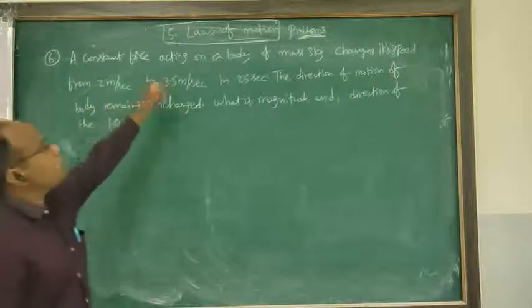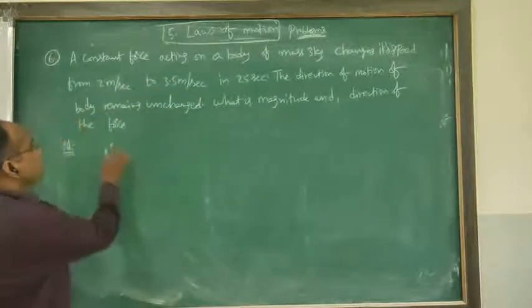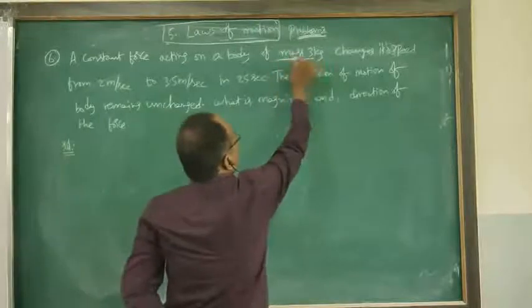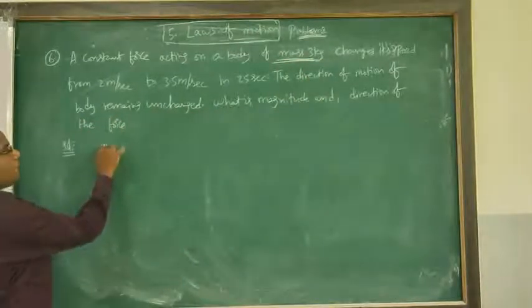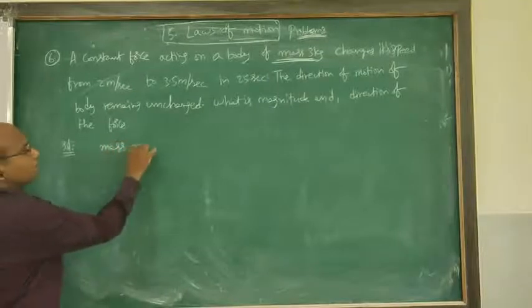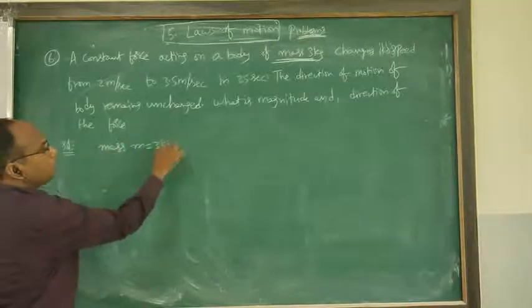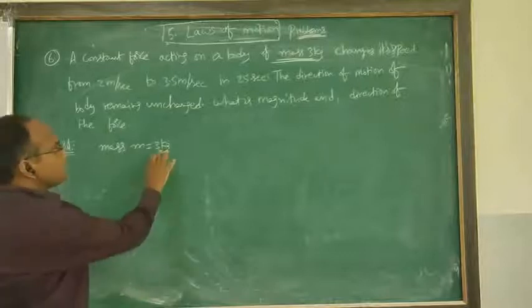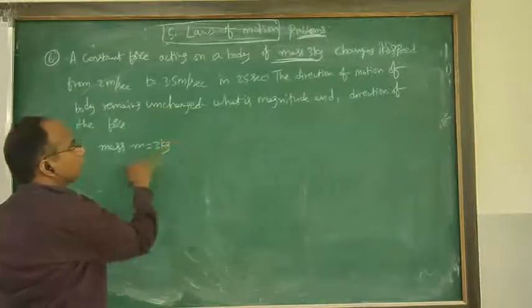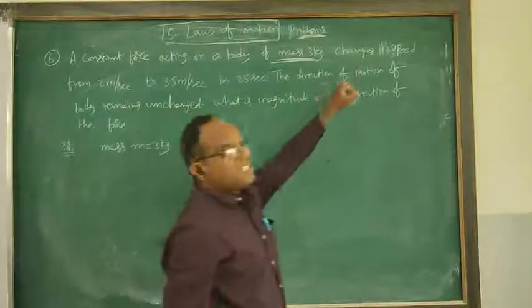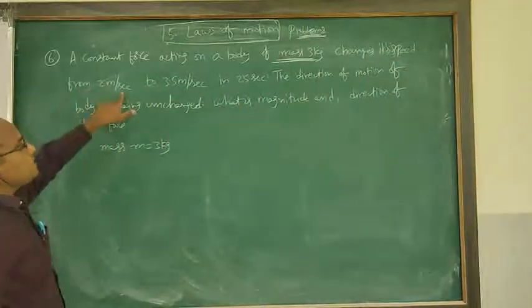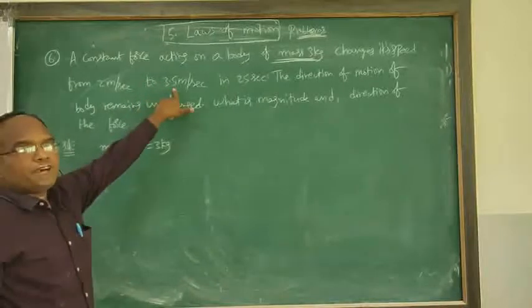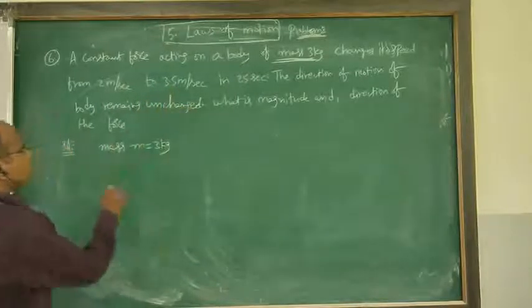So a constant force is acting on a body of mass, how much is given? 3 kilogram. I am writing mass m is equal to 3 kilogram. Next, it changes its speed from 2 meter per second to 3.5 meter per second. So what is the meaning of this?